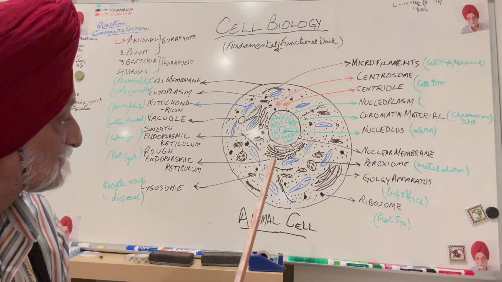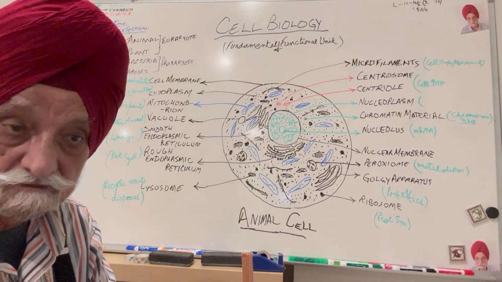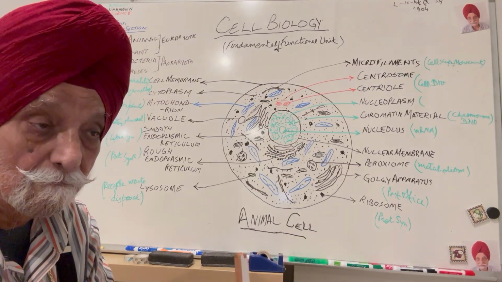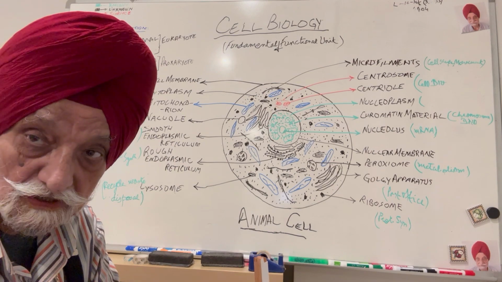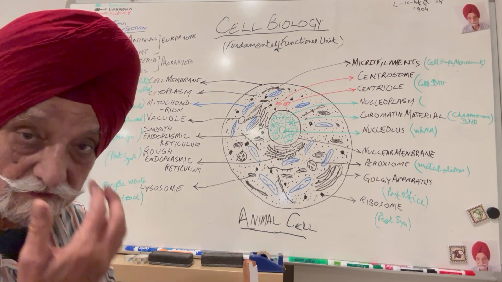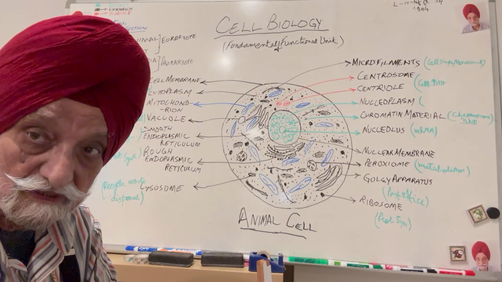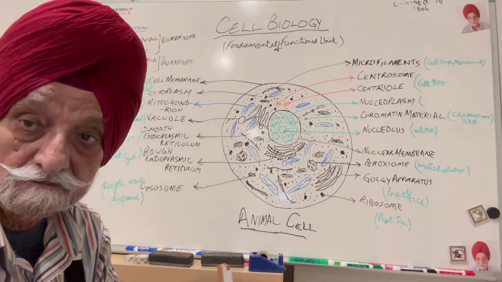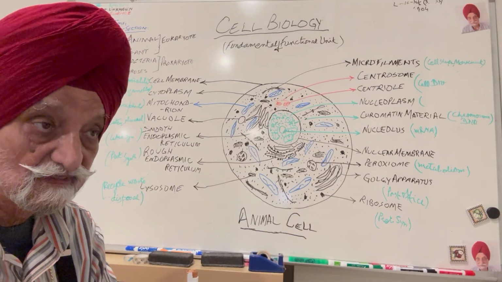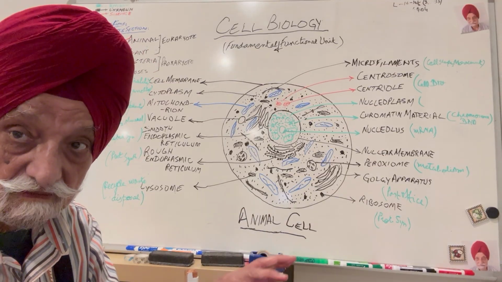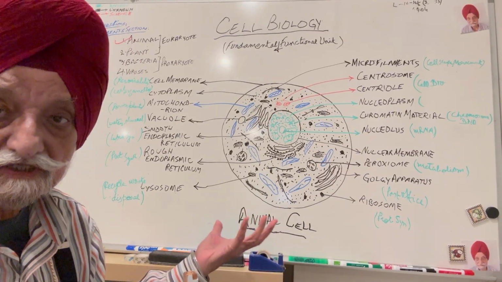Now, the cytoplasm consists of water, nutrients like glucose, amino acids, minerals, vitamins, and certain other things. It also contains waste products like urea, amino acids, and hormones. Now, all these things mixed with water are called the cytoplasm.